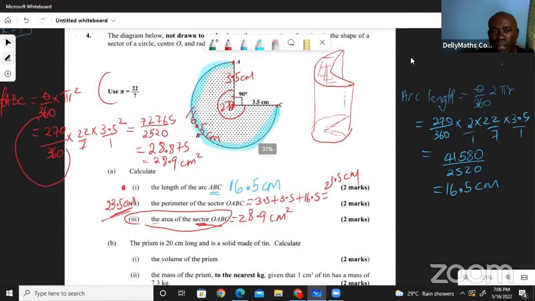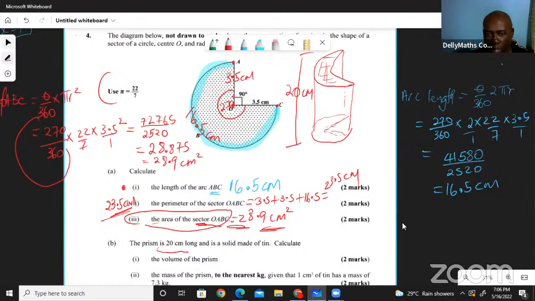Here, they're saying that this distance is 20, so it is 20 centimeters long from top to bottom. Remember that we found the area of it to be 28.9. So we can easily find the volume, because the volume is going to be area of cross-section times the length. Now that I'm getting the length and I've found the area already, we're good. The diagram there is coming in handy.